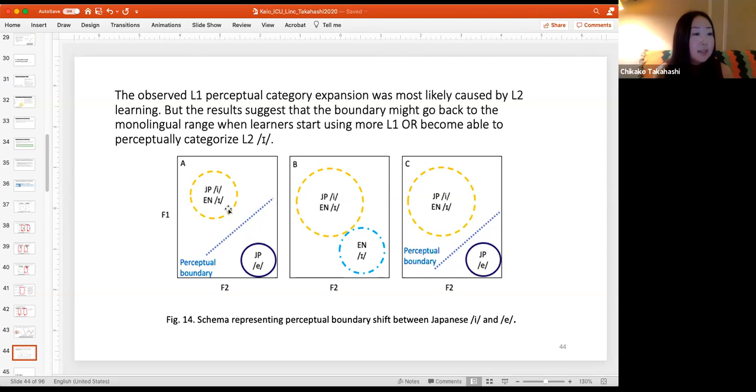In turn, since L1, L2 vowels were still in the same category, it influences the category boundary between Japanese E and E.